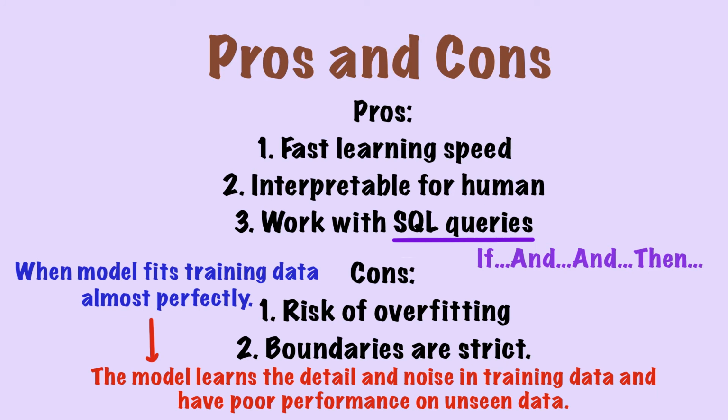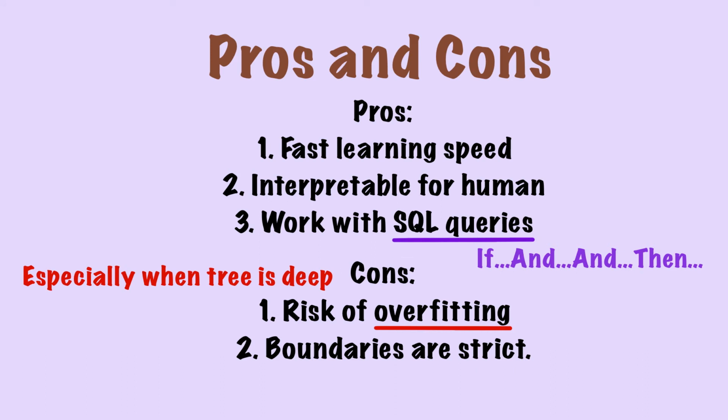It might sound like a good thing, but in reality, overfitting can lead to poor performance on unseen data. It's because our model learns too much detail and noise in training data. It doesn't capture the general trend. In fact, overfitting happens a lot when the tree is deep. That is, the tree has too many tests and divides the training data into tiny groups.